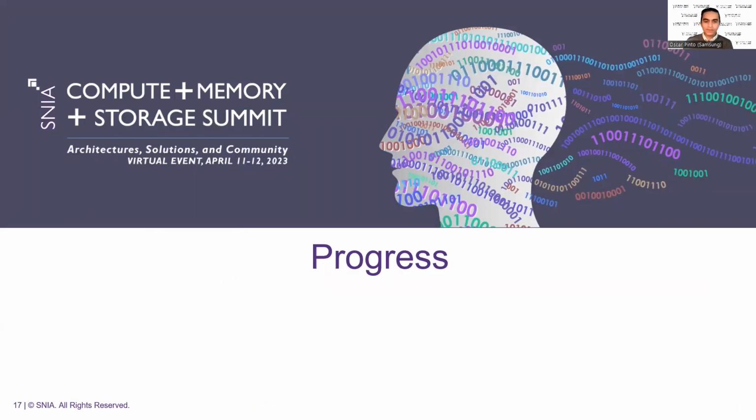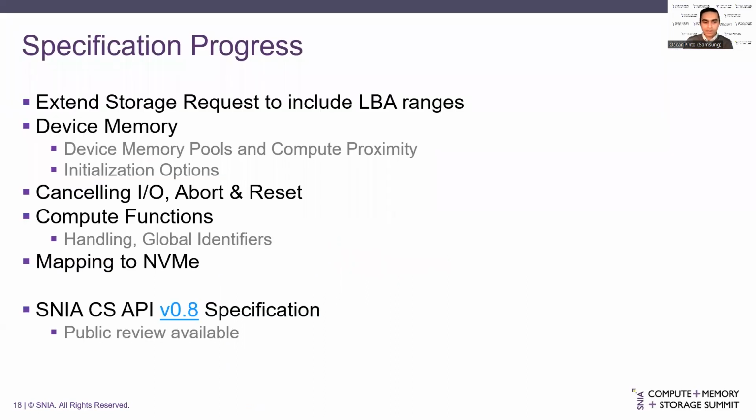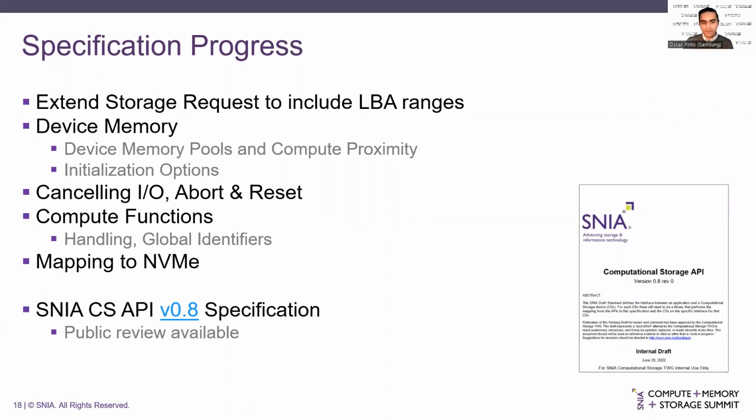What are we doing from the specification front? Last year, we released a 0.8 of the specification for public review, and that is still available for your review. But since that specification, we have made some advances from that storage request. We have advanced that storage request to now take LBA ranges.